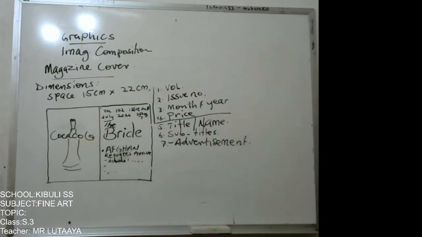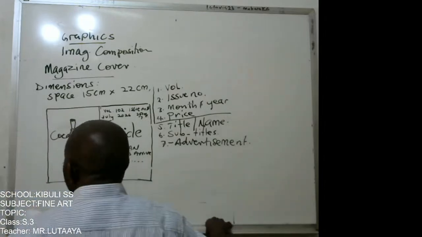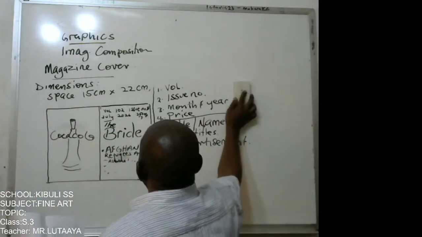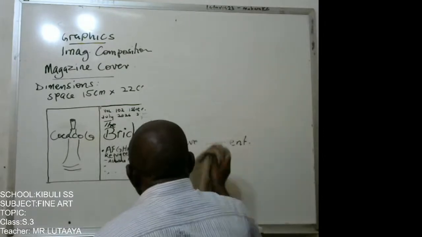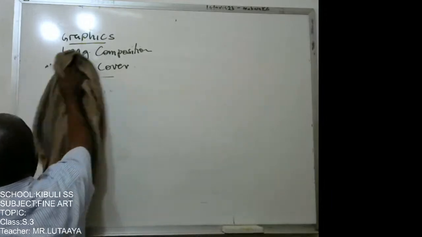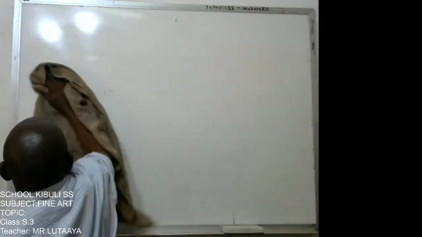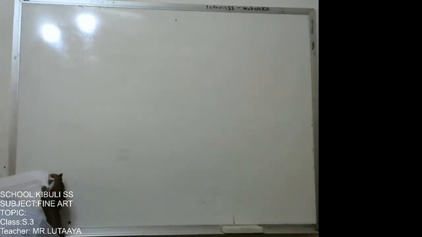So we have a few minutes remaining. So members, I want you to, I don't know whether I should write it here. Let me write it here, and then maybe you copy it down, and then it is an exercise. You should engage yourself in doing.